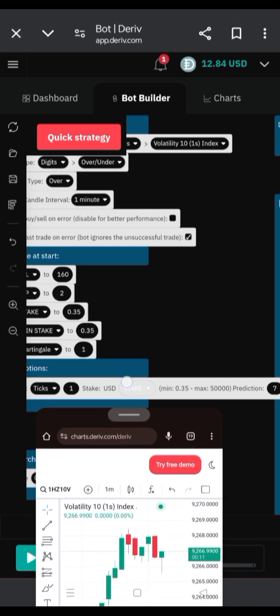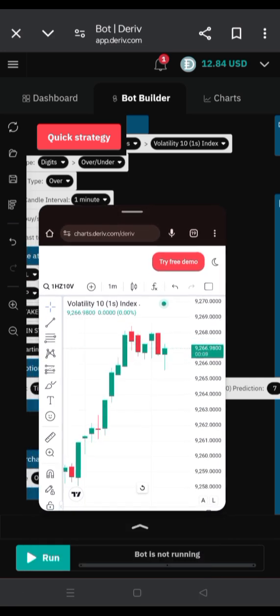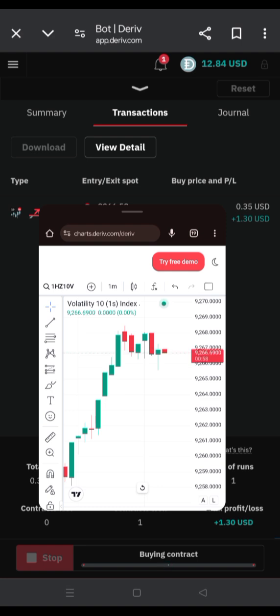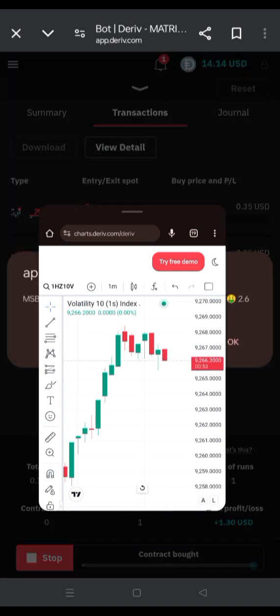I hope we are together. You can see everything is set very well, so you have to be very accurate with what you are doing. So 3 seconds, 2 seconds, 1 second, I ran the bot for the next formation of the candlestick. And let's see whether it will pick a good digit.